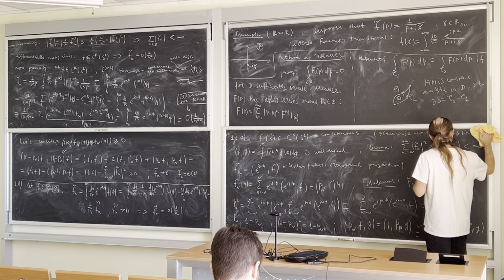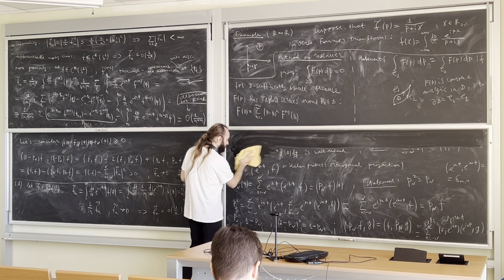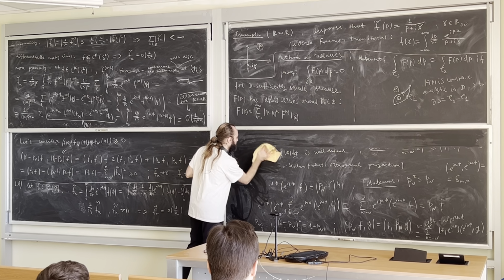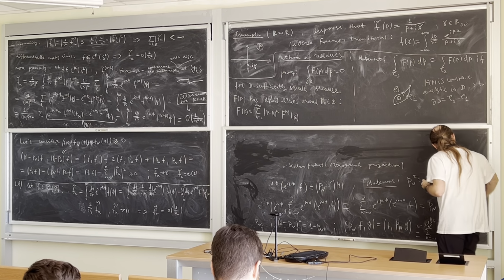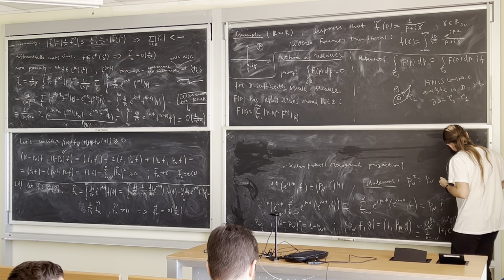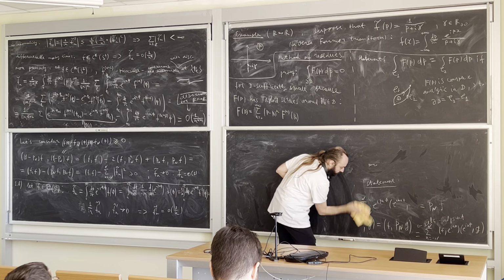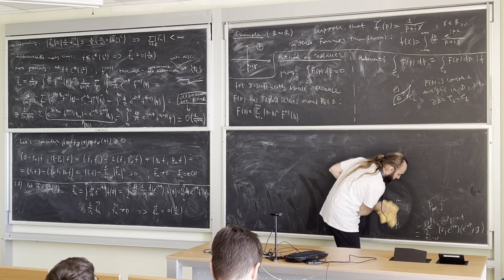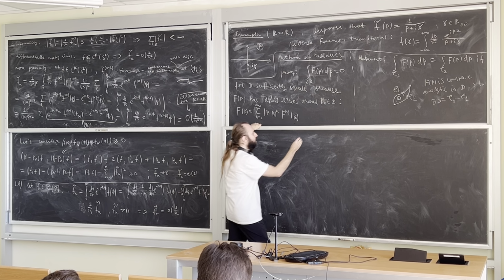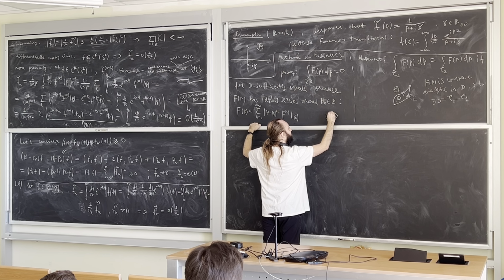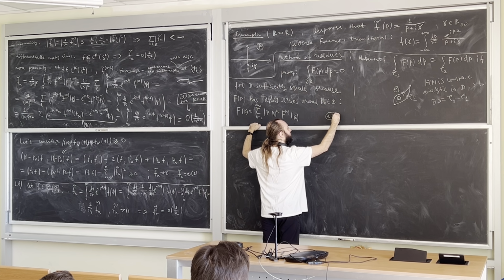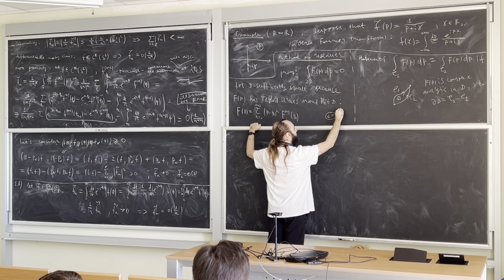So we have our domain D, we have some point p0 in this domain, and we have a boundary of this domain.